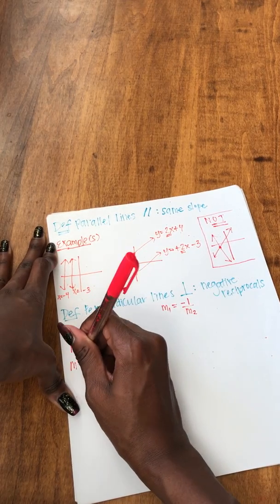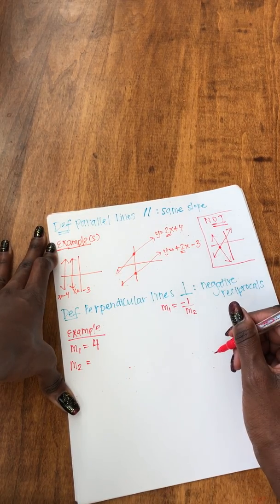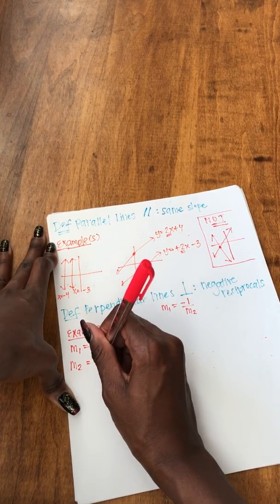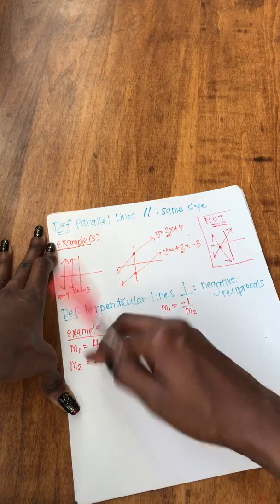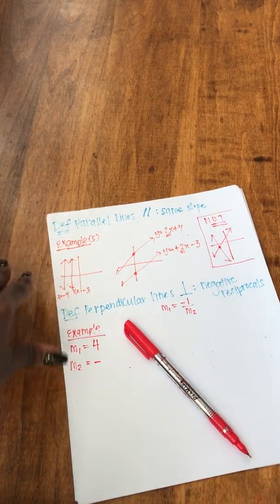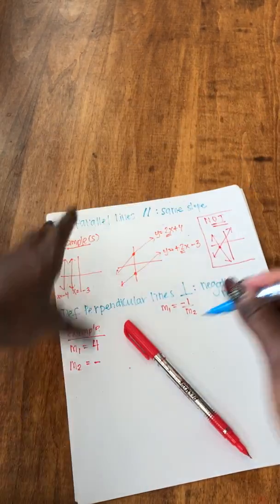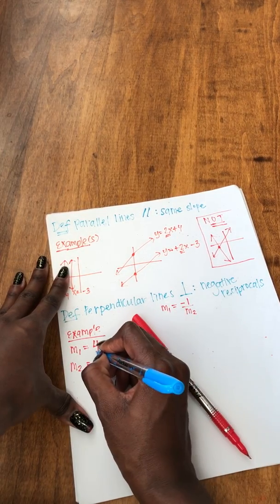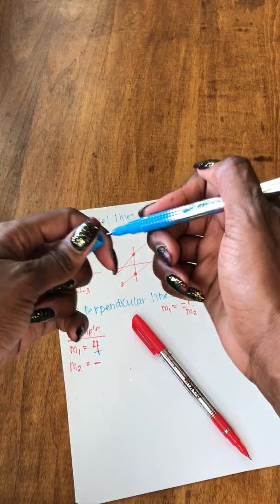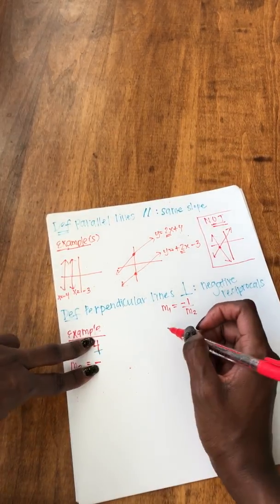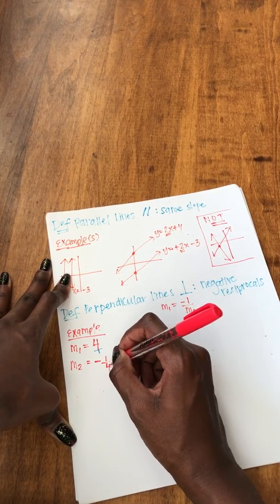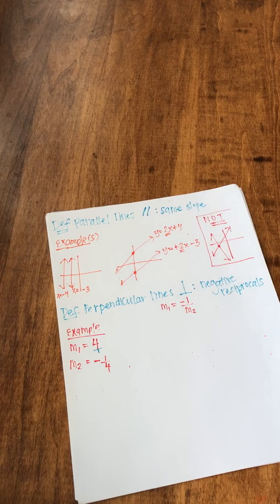That means that the second slope has to be the negative or opposite sign. So we know it's going to be negative because m1 is positive, and that's going to be the reciprocal. So how do we make 4 a fraction without changing the number? We just write it over 1, right? So 4 is the same thing as 4 over 1. So if we want to take the reciprocal of 4 over 1, that's going to be 1 over 4. So that would be an example of perpendicular lines.